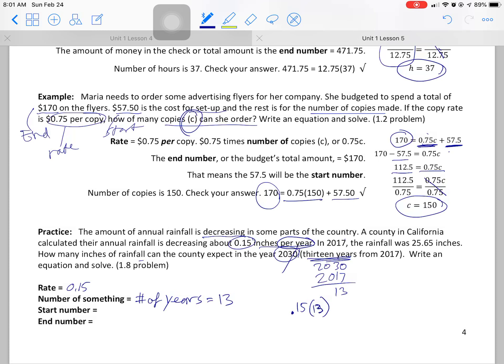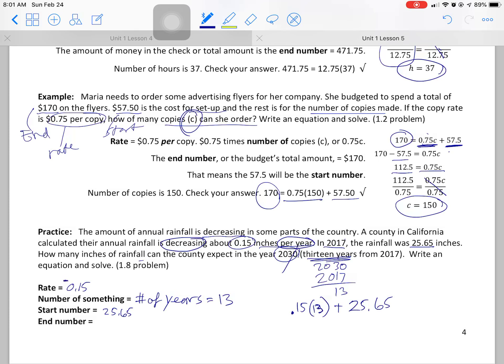That's the rate. Do we have a start number? Let's see. Well, in 2017, it was that. That is actually the start number. This was the amount of rain that they had. And they're trying to see, it's decreasing. Ooh, if it's decreasing, is this supposed to be a positive number over here?